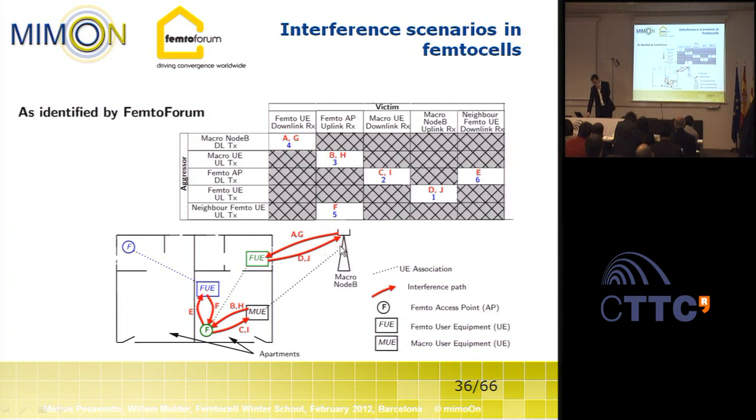Or we have a femtocell that is transmitting in the downlink to its femtocell user, and while it's transmitting, it's creating interference to the macrocell user, who may now, due to interference, not be able to receive data from its downlink transmission from the macrocell.